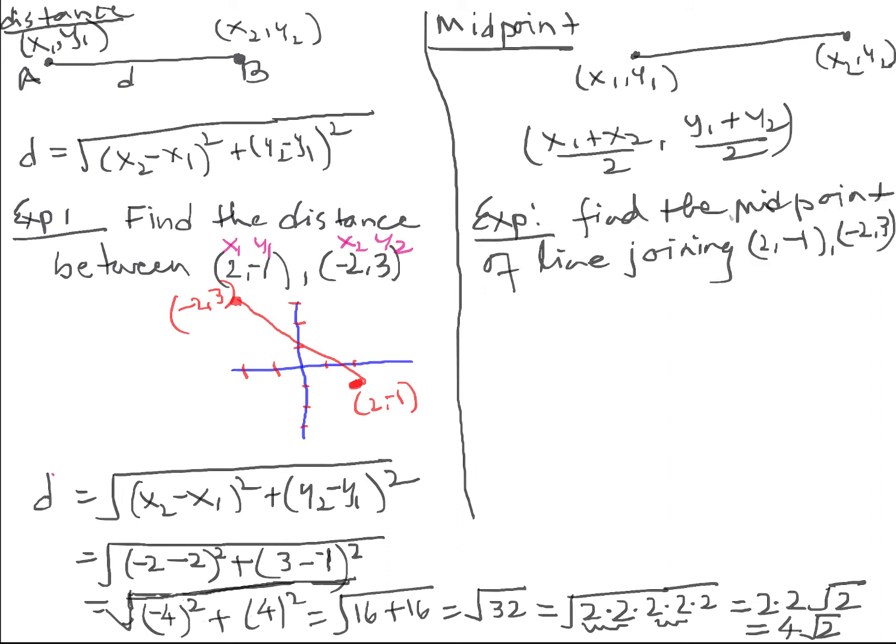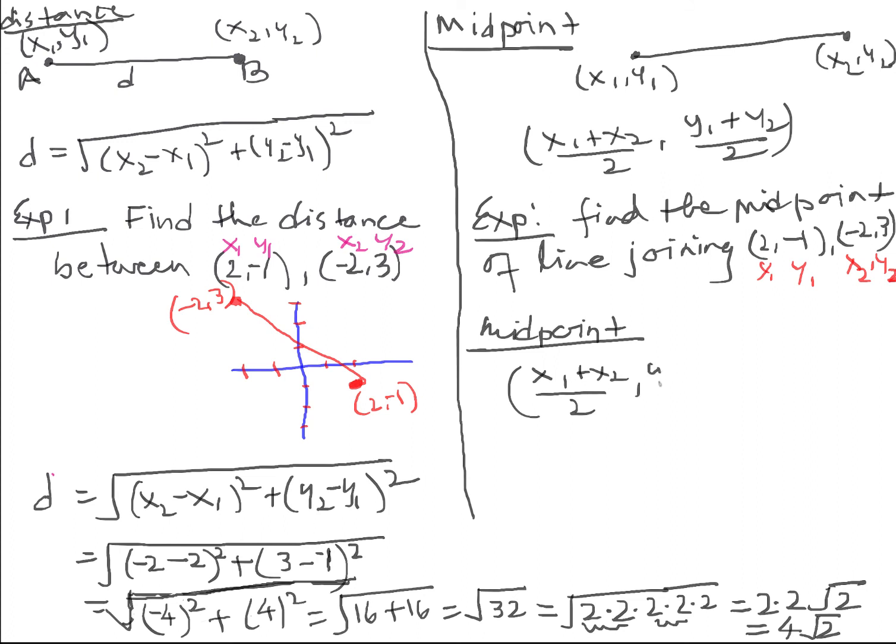So what is x1, y1 and what is x2, y2? You can assume any point as x1, y1 and the other point as x2, y2. So basically, let me take this as x1, y1 and the other is x2, y2. Midpoint is x1 plus x2 over 2 because a point has x part and the y part.